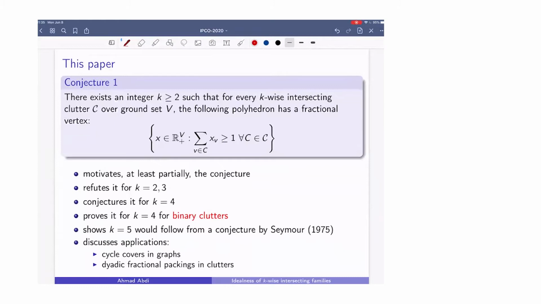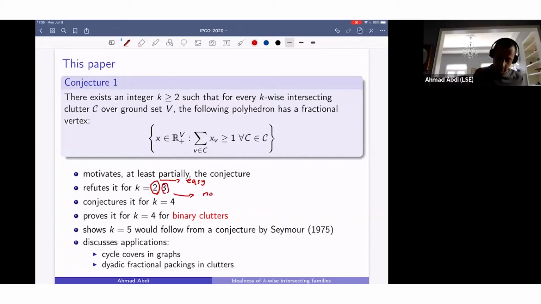It refutes the conjecture for k equals 2 and 3. For k equals 2, we're simply dealing with intersecting families, two-wise intersecting families, and this is fairly easy. But for k equals 3, the counterexample is not easy at all. And I'll explain that. We conjectured that it should be true for k equals 4.